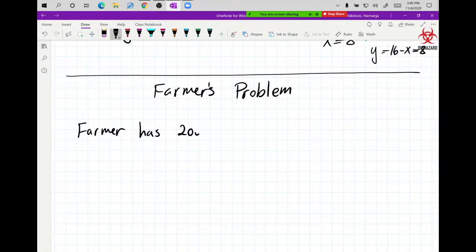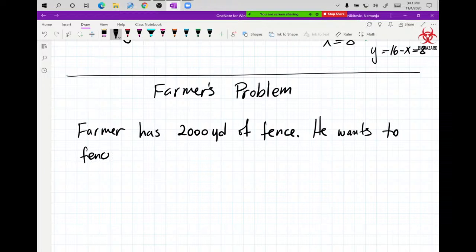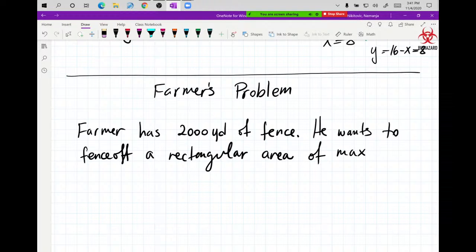Say that the farmer has 2,000 yards of fence, just laying stacked up behind some shed somewhere. He wants to fence off a rectangular area of maximum area.